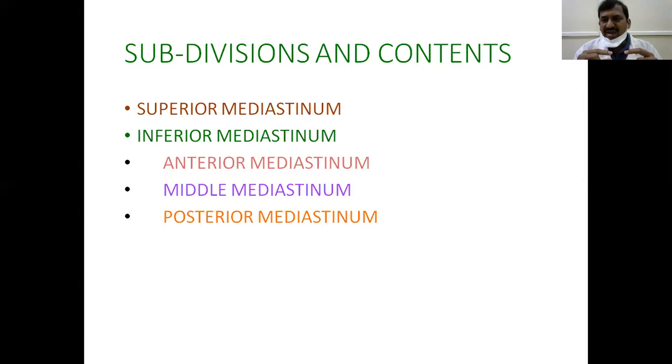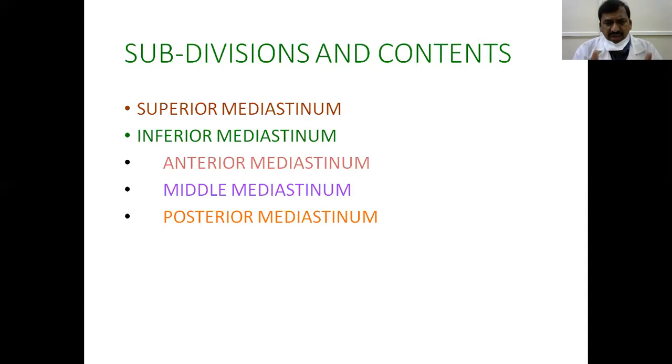It is also called the angle of Lewis, and this is the meeting point of the second rib. From here to posterior, posteriorly the line passes through the lower border of the fourth thoracic vertebra. The body of the fourth thoracic vertebra divides the mediastinum broadly into two parts. The upper one is the superior mediastinum and the lower one is the inferior mediastinum.